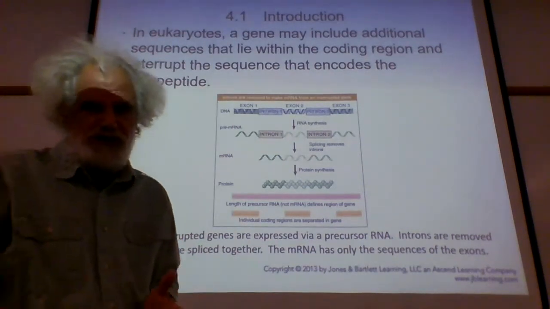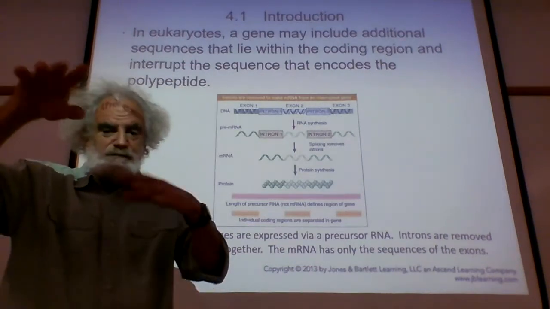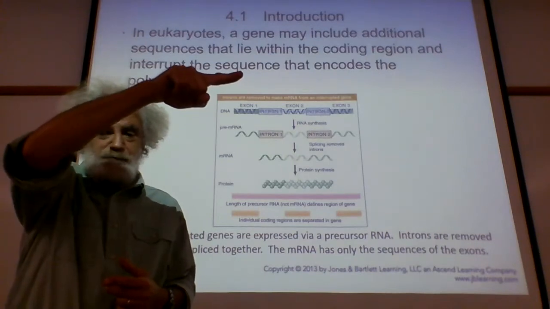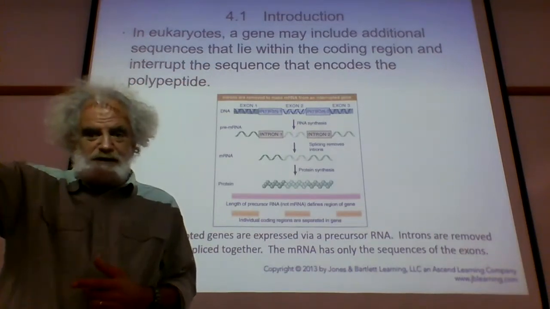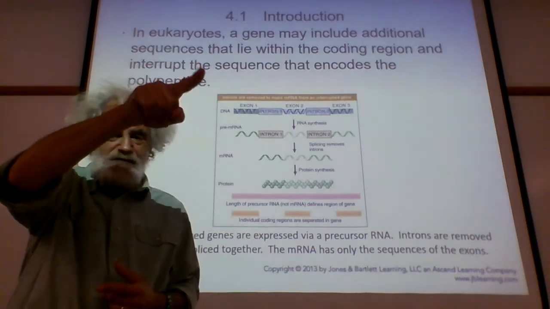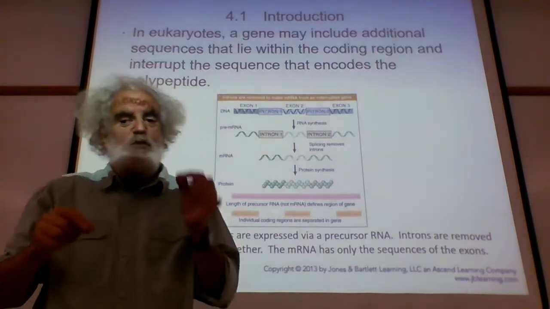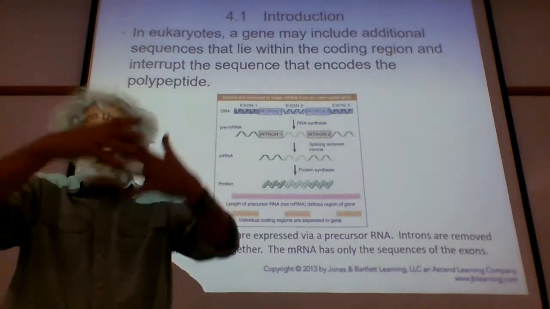Using electron microscopy, they were able to see that the RNA was like a line, and then the DNA underneath it would have these loops. These loops were the DNA sequences that were not present in the RNA and didn't hybridize.